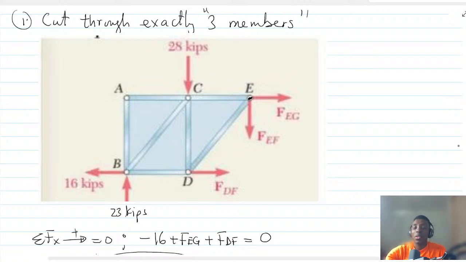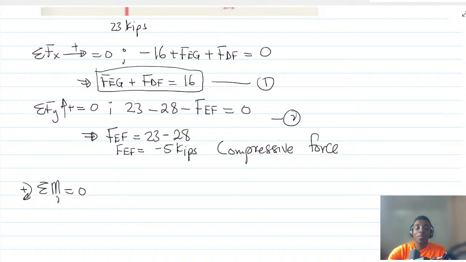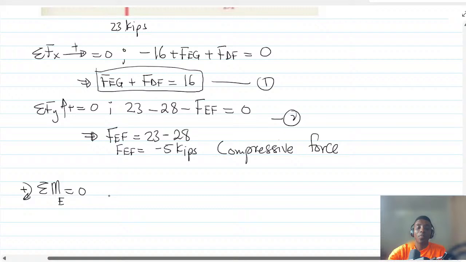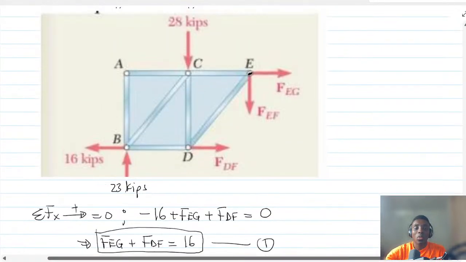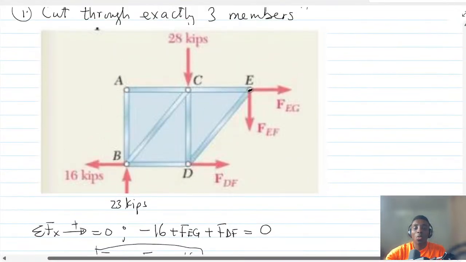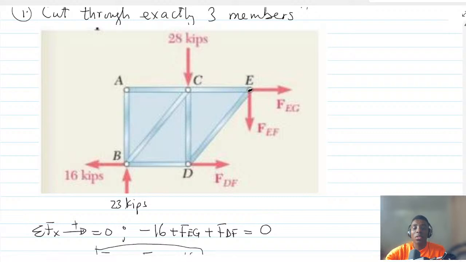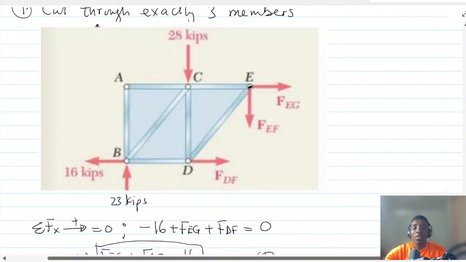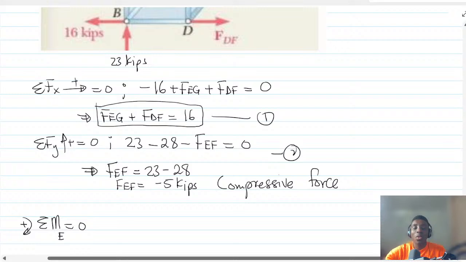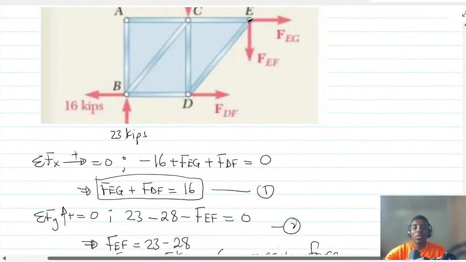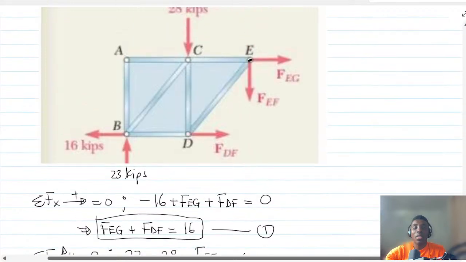All right. So now let's take moment about E, that is this point here.